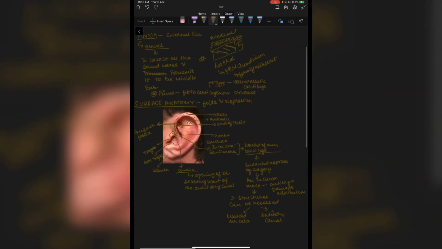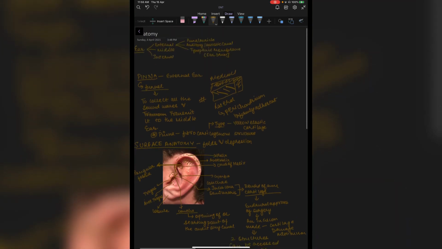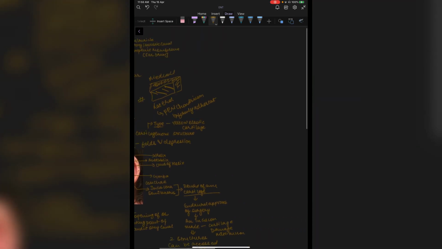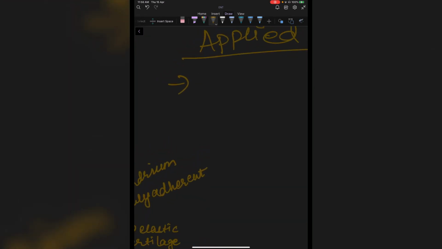Right, so this was the surface anatomy and the importance of the incisura semilunaris. And after that, there is one important applied part that we can see here. The ear can give a lot of grafts.